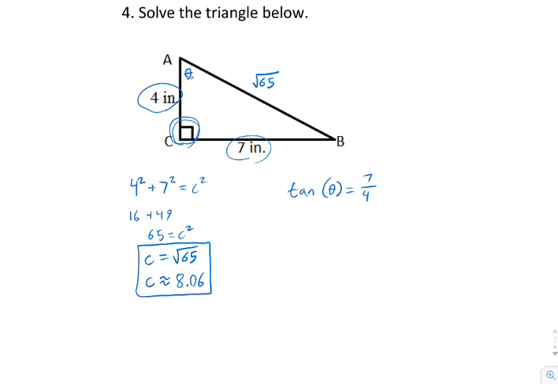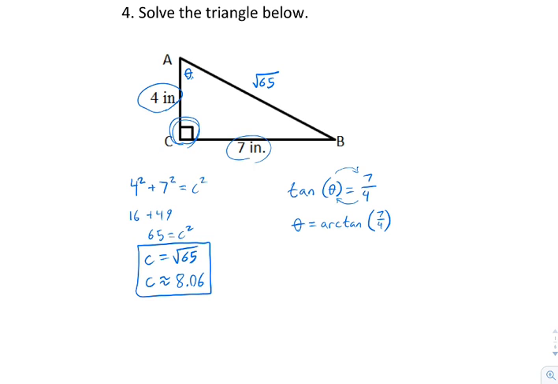So I know it came out of the calculator, but I want to go backwards. I want to do the inverse. And so what I'm going to say is, well, that means then my theta, the actual angle, is the inverse or arctan, or you could say tangent to the -1, of that ratio. So if I use the regular tangent, it goes from angle to side length, or side ratio. If I use the arctan, it goes from the ratio of the sides back to the angle that gave you that.